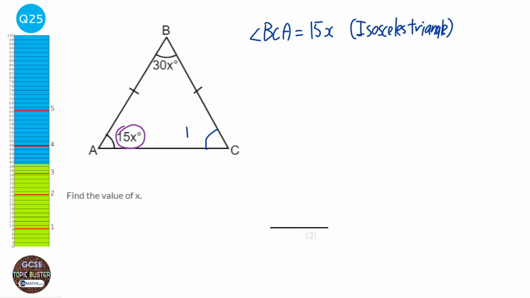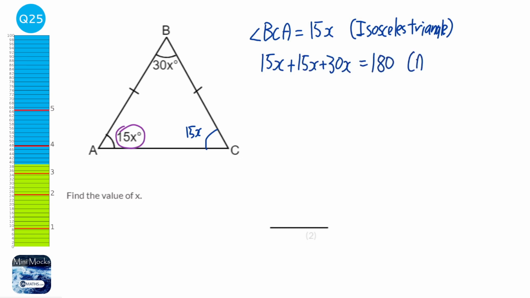Okay, so if this is also 15x, we know that angles BAC plus ACB plus ABC, so basically all three of the angles in the triangle, are going to add up to 180. So 15x plus 15x plus 30x is going to equal 180 because it's angles in a triangle.